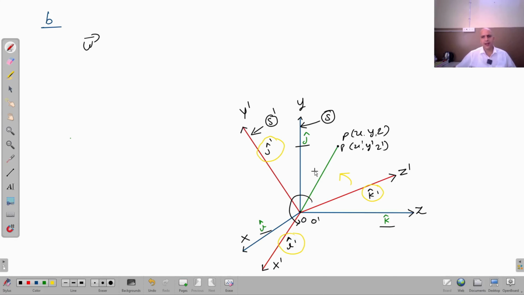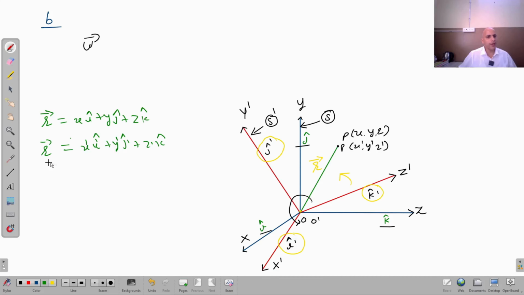Now, let R be the position vector from the origin to here, right? Now we know very well, according to the two observers, I can write the expression for R. It will be xi plus yj plus zk for the first observer, and for the second, R equals x dash i dash plus y dash j dash plus z dash k dash.